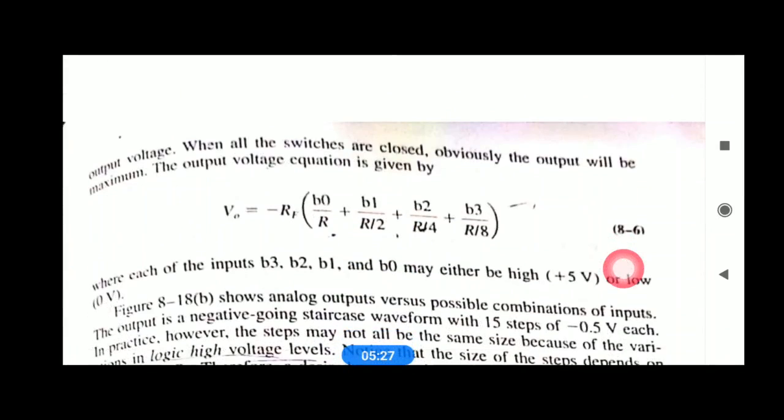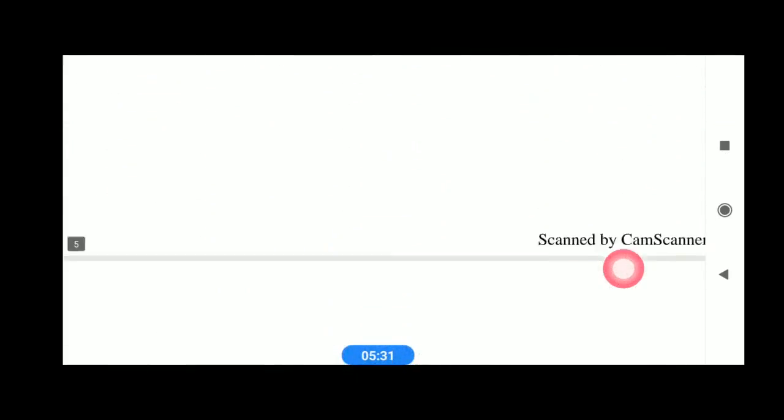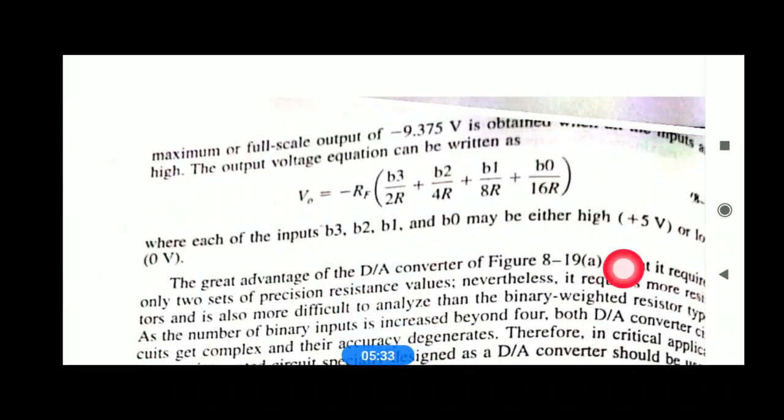So here we have one formula which is derived by analyzing the above R-2R ladder circuit for DAC. Output voltage is equal to minus RF into B3 divided by 2R plus B2 divided by 4R plus B1 divided by 8R plus B0 divided by 16R.